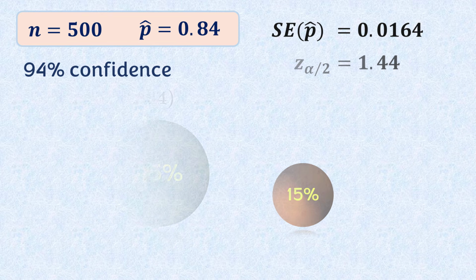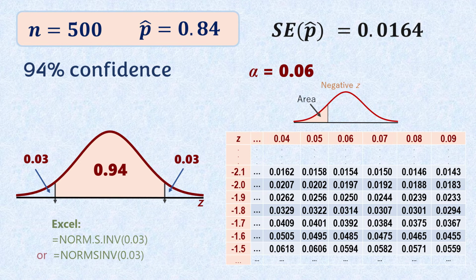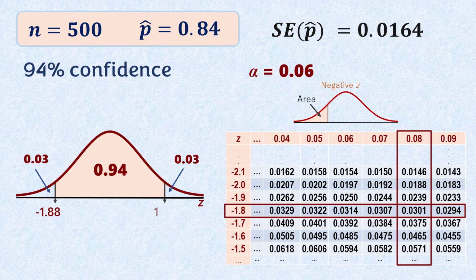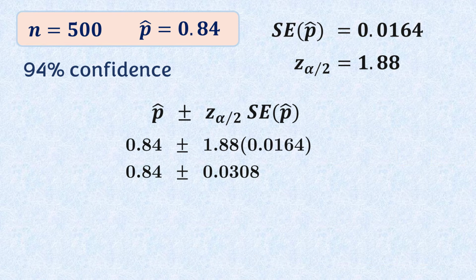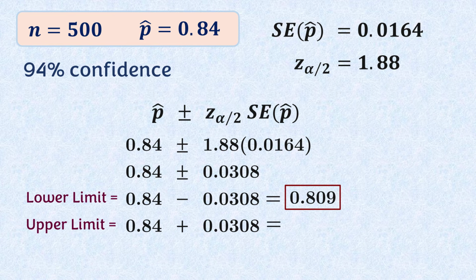For a 94% confidence interval, alpha is 1 minus 0.94, which is 0.06, and alpha over 2 is 0.03. The closest area to 0.03 is 0.0301, which corresponds to a z-score of negative 1.88. So the 94% confidence z-critical value is 1.88. Plugging that into the formula, we have a margin of error of 0.0308, a lower limit of 0.809, and an upper limit of 0.871.